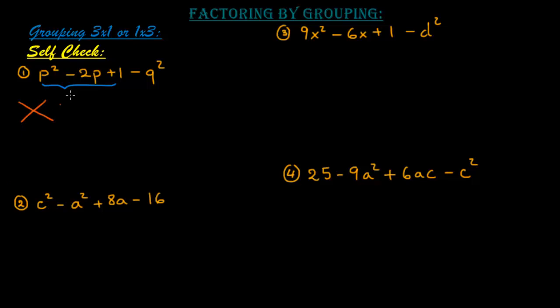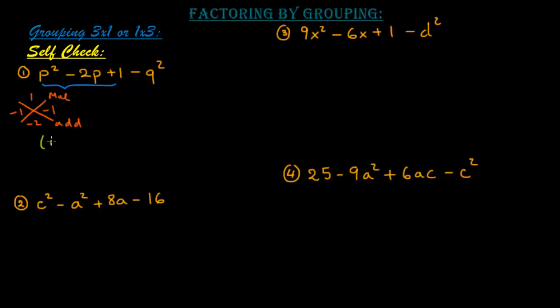So we have 1 on the top and negative 2 at the bottom. We find the pair which multiplies to give me 1 and adds up to give me negative 2. So it would be negative 1 and negative 1. Negative 1 add negative 1 gives me negative 2. Negative 1 multiplied by negative 1 gives me positive 1. So that is the pair I'm looking for.